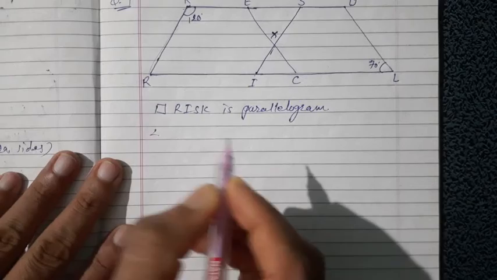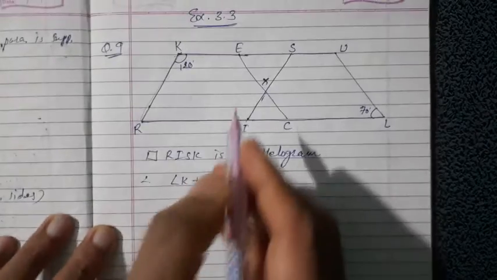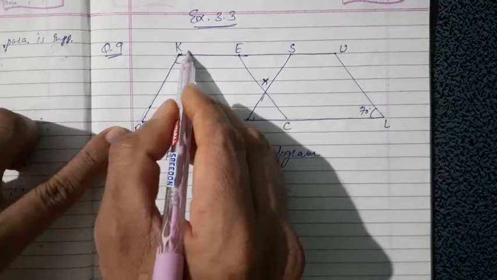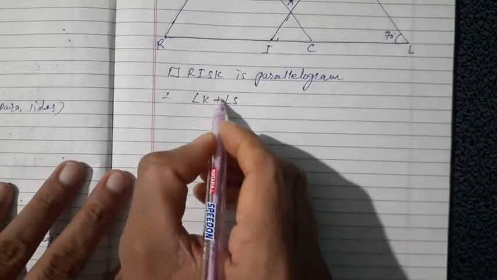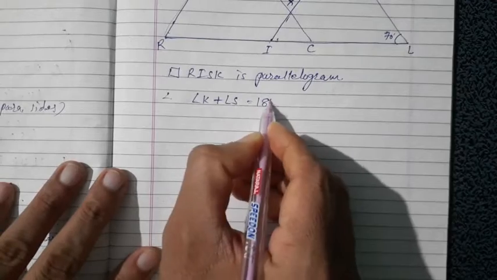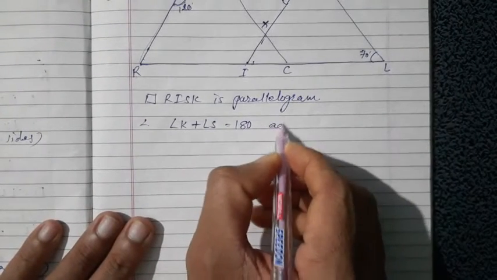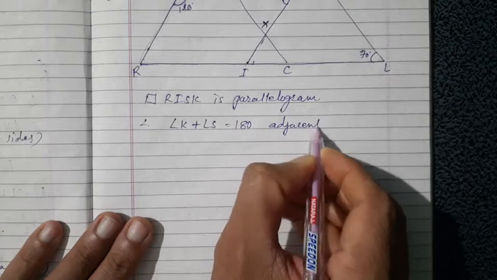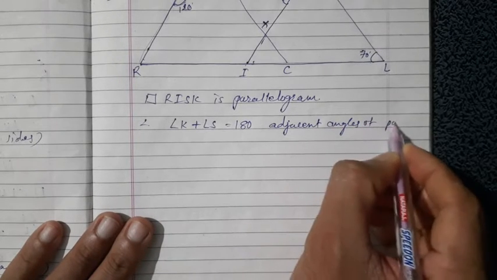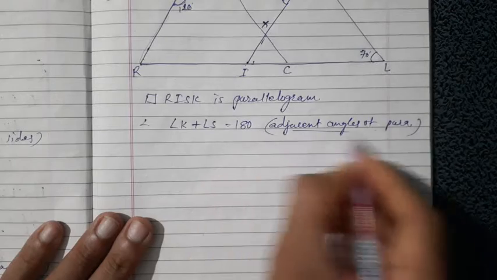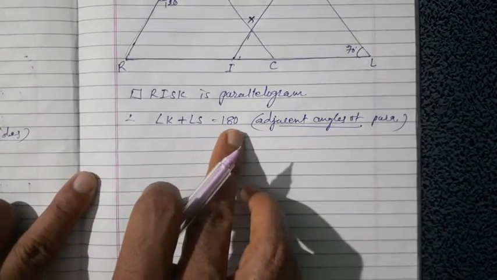Therefore, angle K plus angle S, look, in RISK these two angles K and S, the sum total of those two is equal to 180 because they are adjacent angles of a parallelogram. The sum total of adjacent angles of a parallelogram is equal to 180.